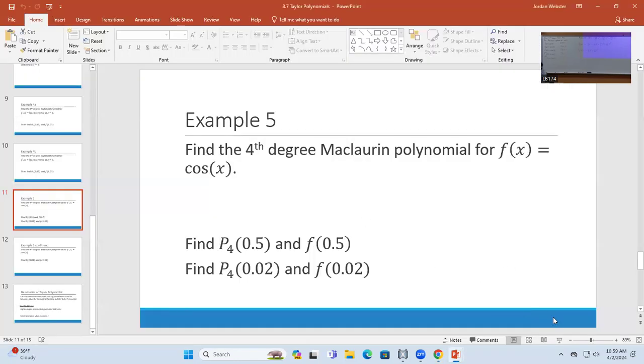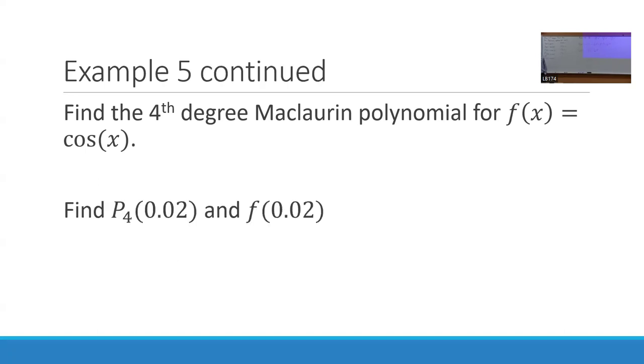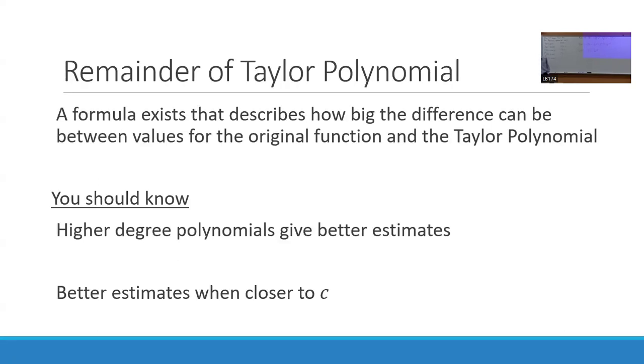And that's really what 8-7 is all about. Maclaurin and Taylor polynomials give you good approximations around the center. The closer you are to the center, the better approximation you get. And higher degree polynomials give you better approximations as well.